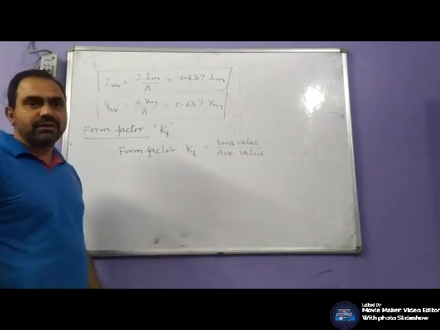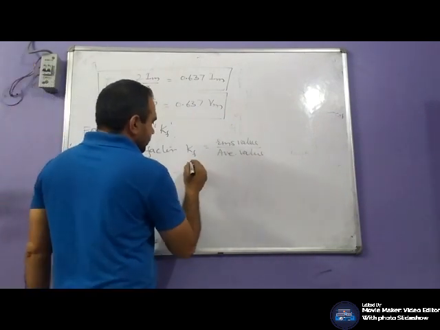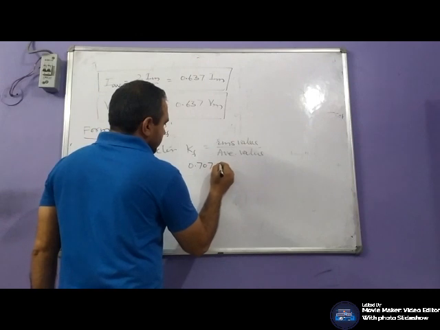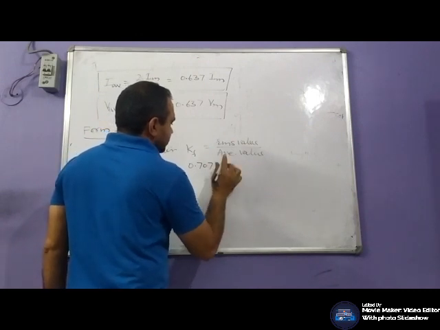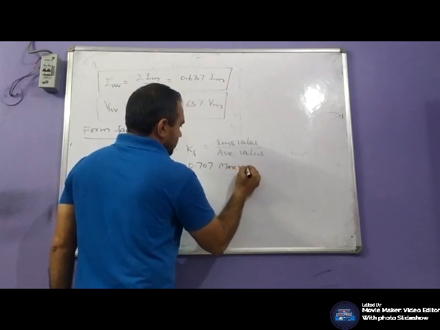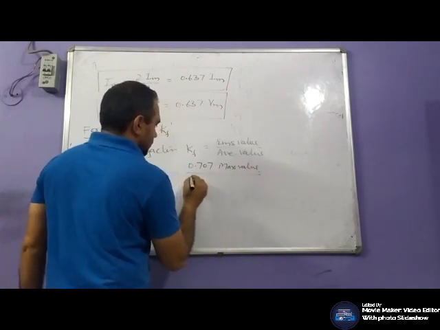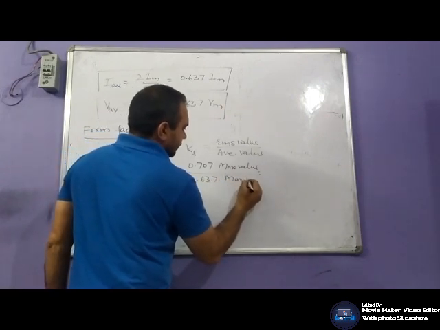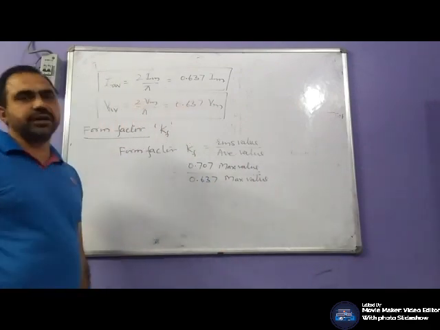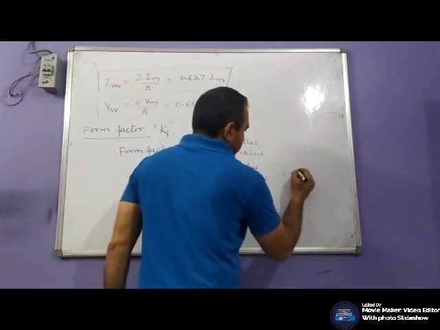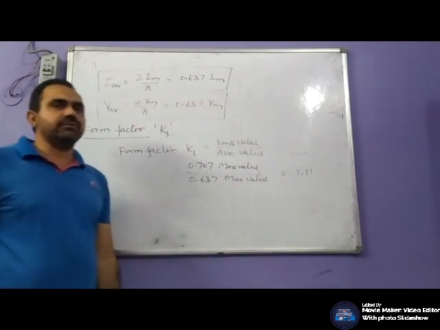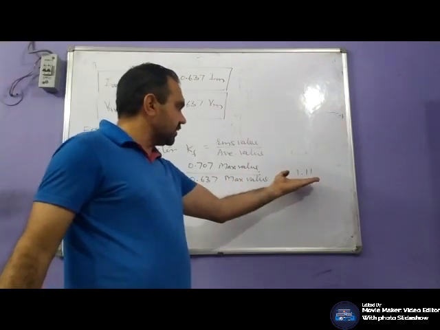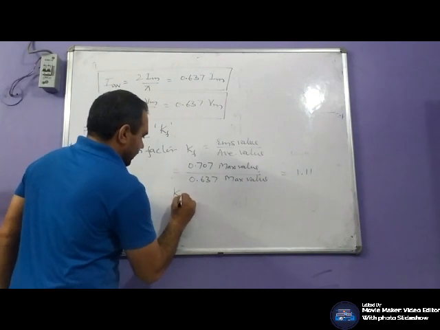In case of sinusoidal wave shape, what is the RMS value? RMS value is 0.707 of the maximum value, and average value is 0.637 of the maximum value, and it will be 1.11. So for sinusoidal alternating voltage and current, form factor would be 1.11.